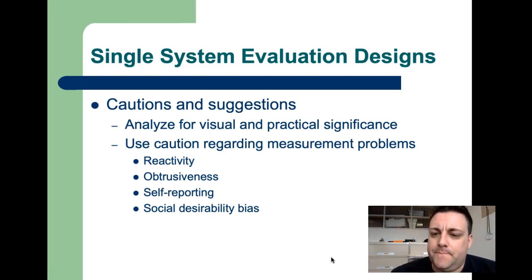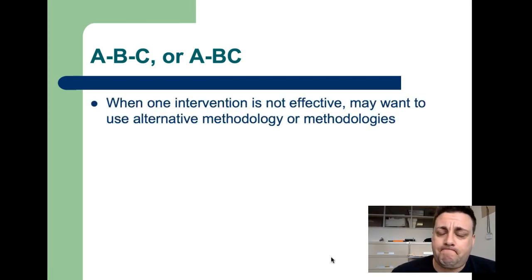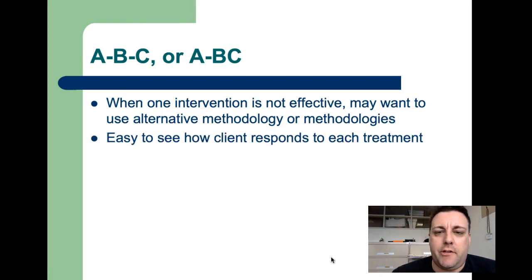So, the A then B then C design, or the A then B C design, let's talk about these a little bit. Typically they're used when an intervention isn't effective, and we need to add another intervention.